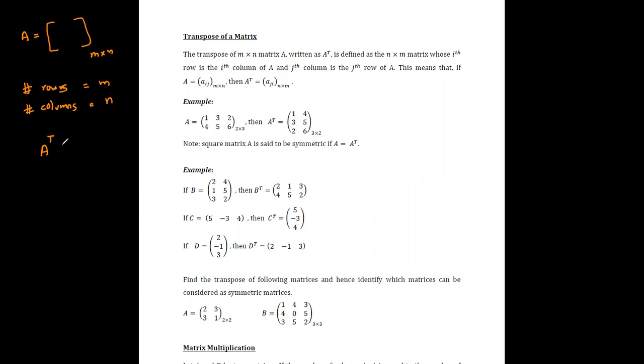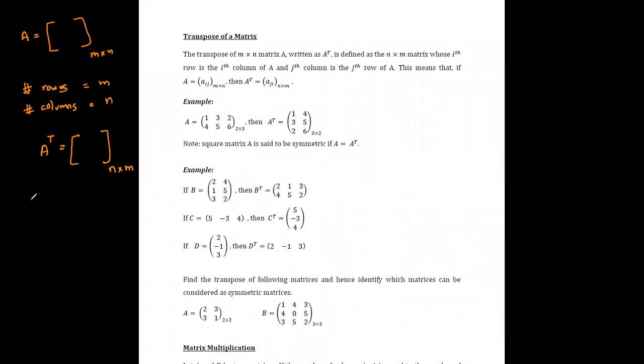Therefore, if you consider the dimensions of this transpose matrix, the dimension also has to change, because you are converting rows to columns and columns to rows. The number of rows becomes the number of columns, and the number of columns becomes the number of rows. Therefore, if a matrix has dimensions m by n, then the transpose of this matrix would be an n by m matrix.